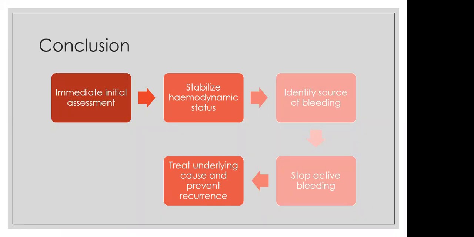So the immediate initial assessment and the initial resuscitation plays a huge role in the morbidity and the mortality of the patient. So we should keep that in mind. And the management, the initial management in all these patients is the same.